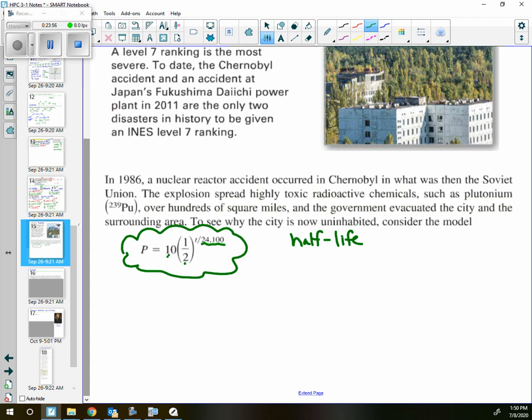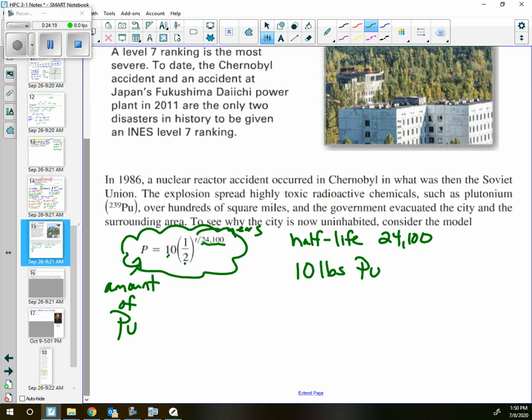It's the starting amount. So say you had 10 pounds of plutonium and your half-life was 24,100 years. And your P is your amount of plutonium remaining after a period of time, and the time is in years.